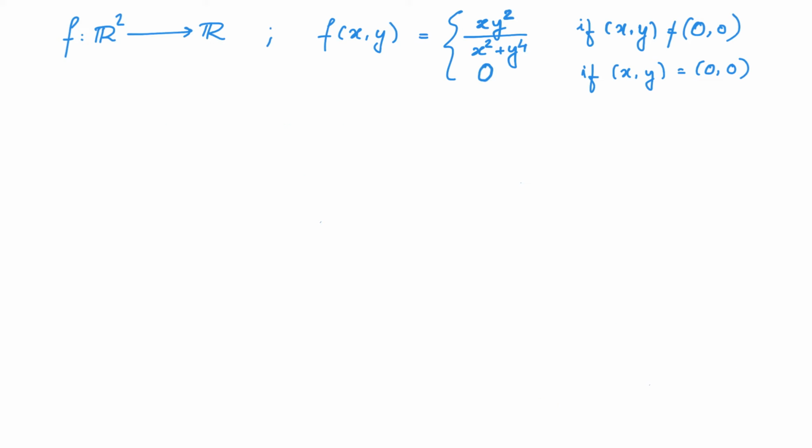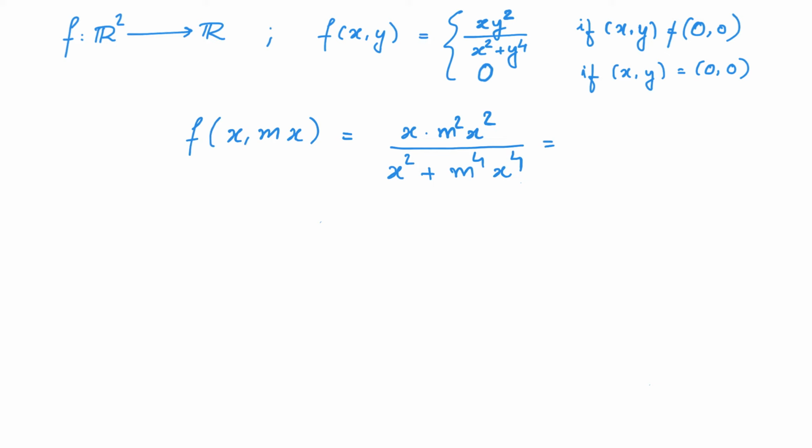Now I want to warn you that you cannot always use this trick of approaching the point along different lines. Let us modify our function a little bit. So instead of taking xy by x square plus y square, we are going to take x y square by x square plus y power 4. Now notice that the value of this function on a point on the line with slope m is equal to x into m square x square divided by x square plus m power 4 x power 4.